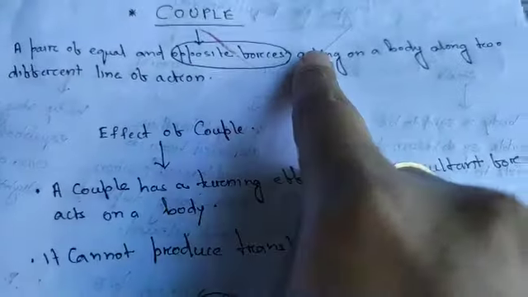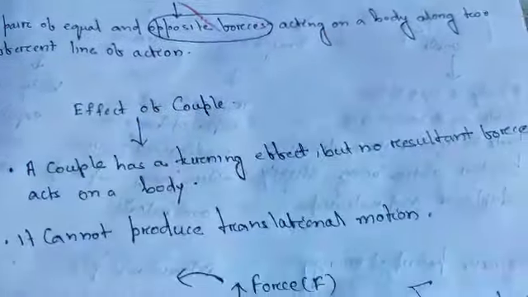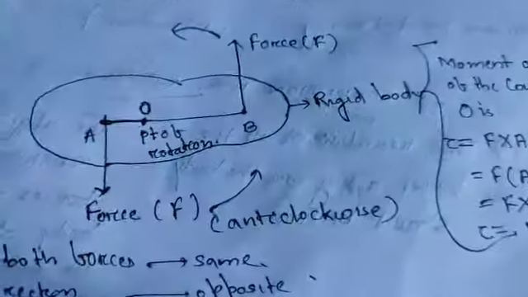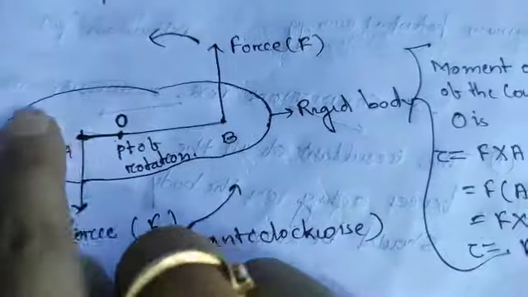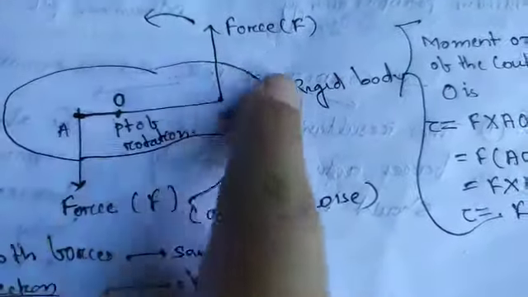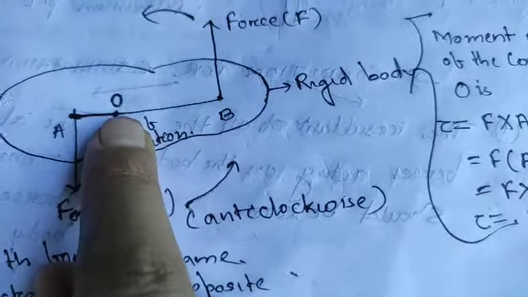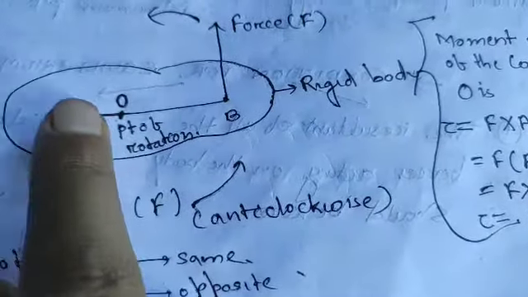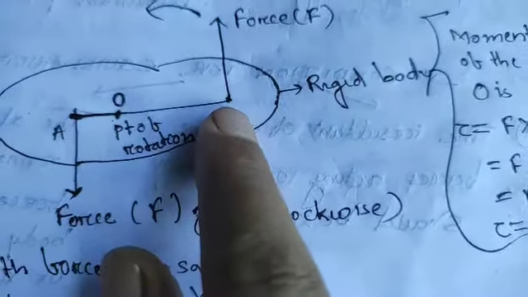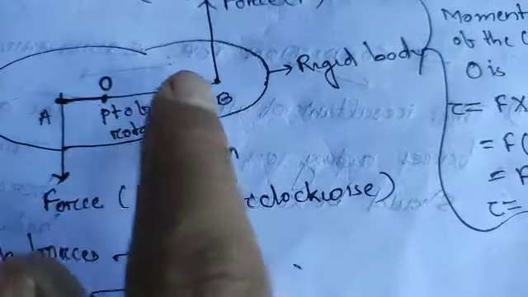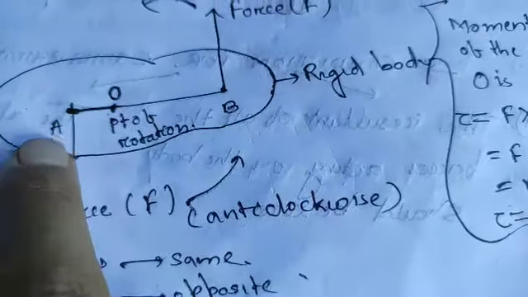Now let me explain the couple with the help of a diagram. See the diagram. This is a rigid body, student. I have taken one point of rotation and I have considered 2 points. This is point 1 and this is point 2. At both the points, I have applied one force.